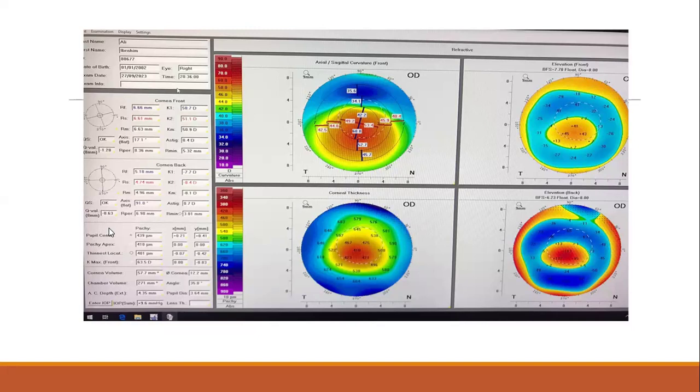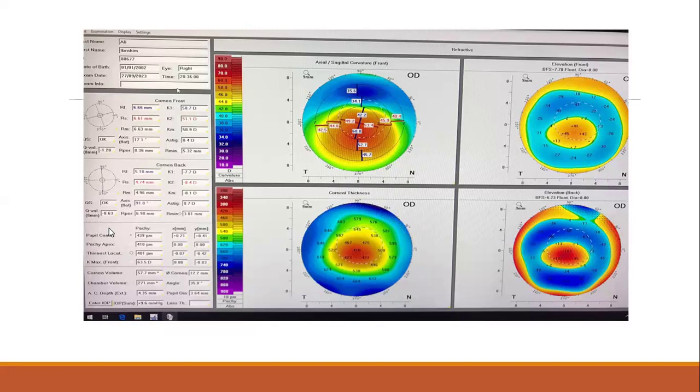So let me ask you a question and you will automatically reply to this. In CXL, what we do, we infuse the cornea with what? Basically, we are doing it with riboflavin and assisted with ultraviolet radiation. Yes. So is there any rationale behind using riboflavin rather than other things?